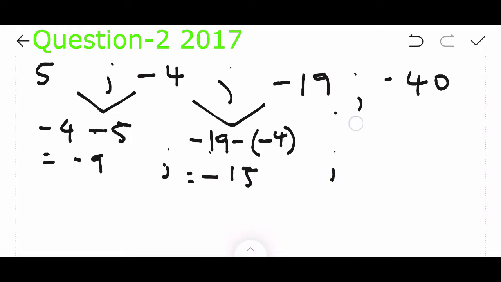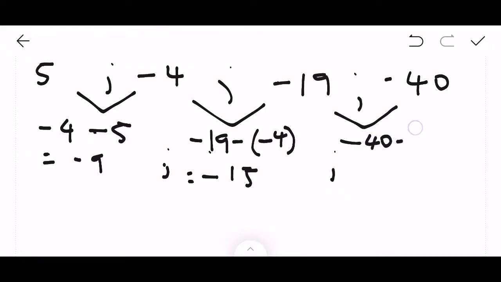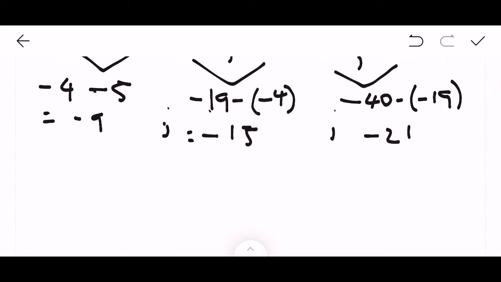And we have the difference between minus 40 minus into minus 19, and that will give us minus 21. So this is our first difference.